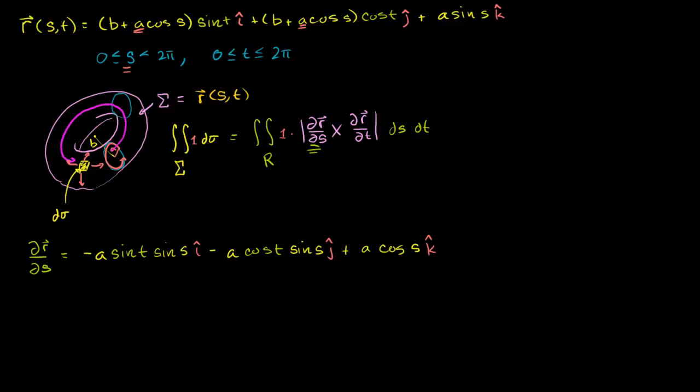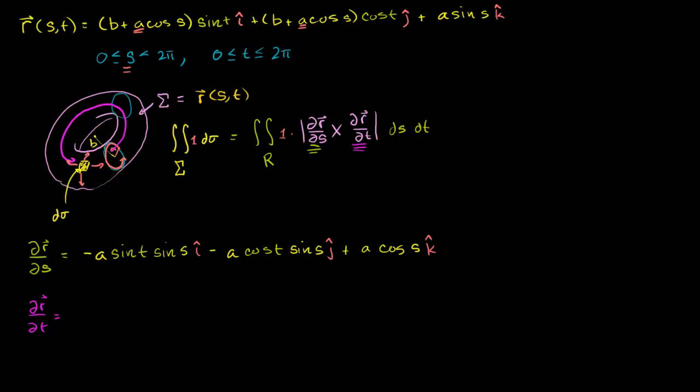Now let's do the same thing with respect to t. And I'll do that in a different color. So now we want to take the partial of r with respect to t. So the partial of r with respect to t is equal to, so now this whole term over here is a constant. And so it's going to be that whole term times the derivative of this with respect to t, which is just cosine of t.